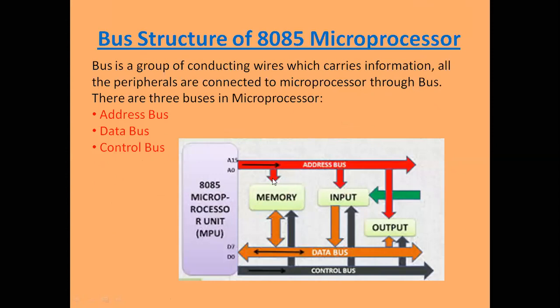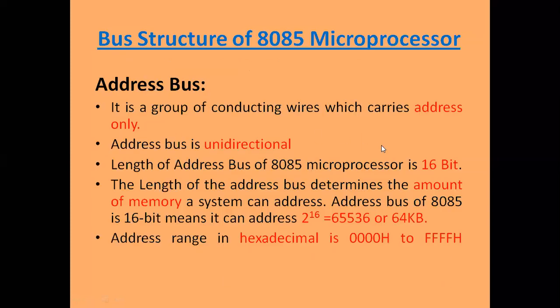So if the address is for input, then others should not get that address. Others should be in disable condition. And that disabling is done automatically by the microprocessor, because every line, like the address bus, is of 16 bit. So we have 16 buffers, which are in tri-stated mode.